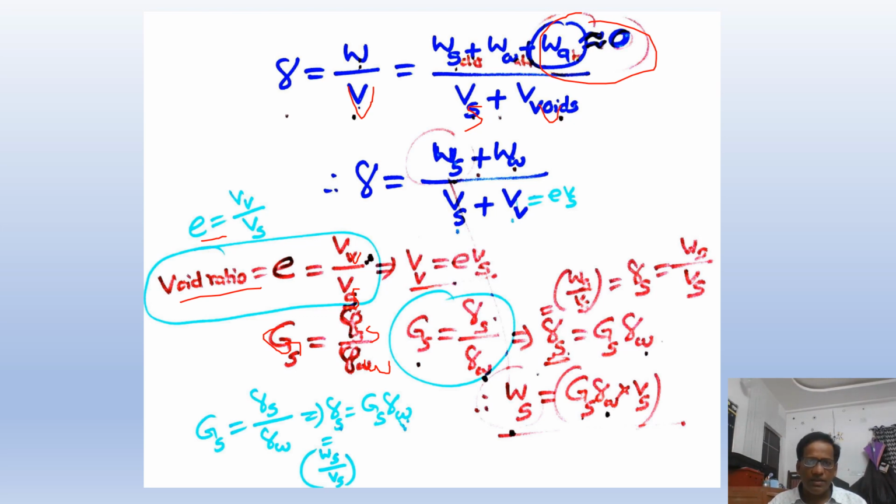Now it is interesting to note what Ws is. Ws means gamma s into Vs. As we know that gamma s is Gs into gamma w, now Ws is equal to Gs gamma w into Vs. Now we are going to discuss how to find Vs. In fact, Vs is constant, the volume of solids is constant, so we are not worrying about the volume of solids.